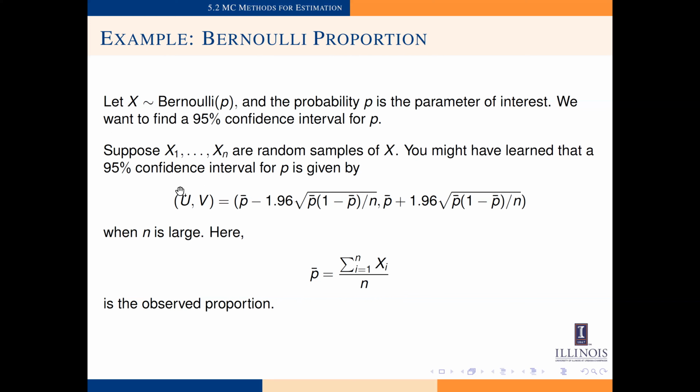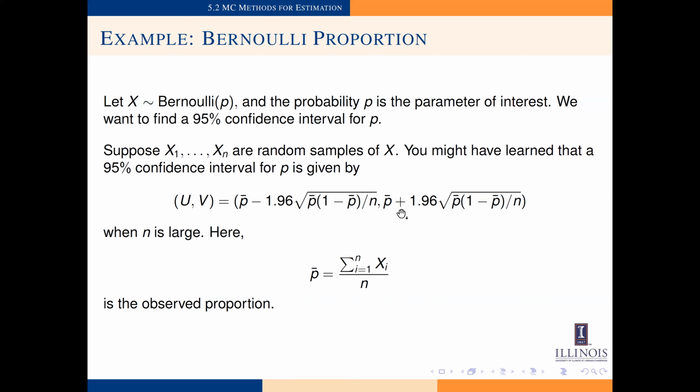So the lower bound u will be equal to p bar minus 1.96, which is the z value corresponding to the 0.975 quantile under the standard normal distribution, times the square root of p bar times 1 minus p bar divided by sample size n. And the upper bound is very similar, except we replace the minus with the plus.